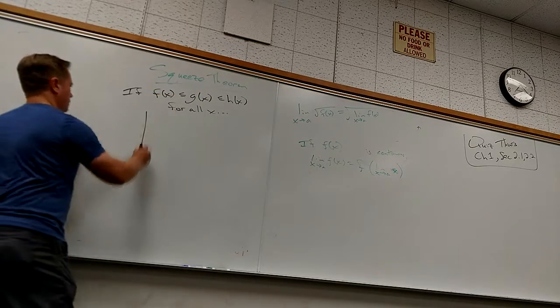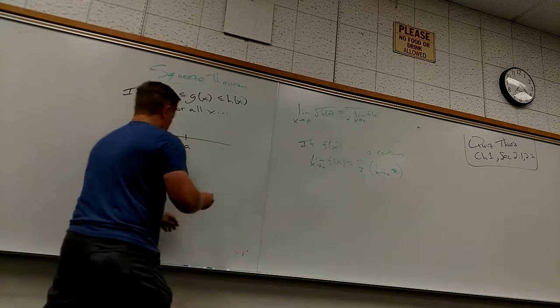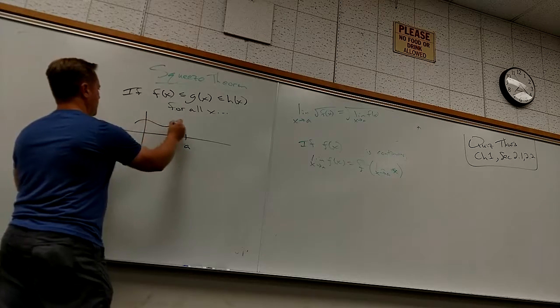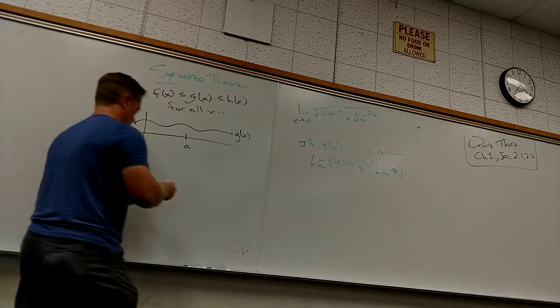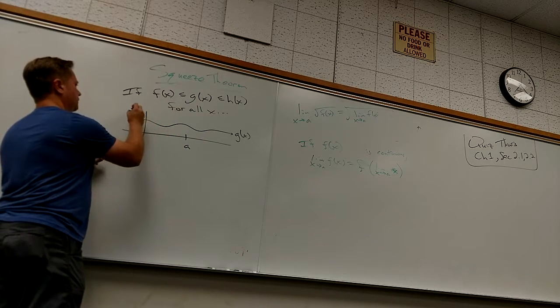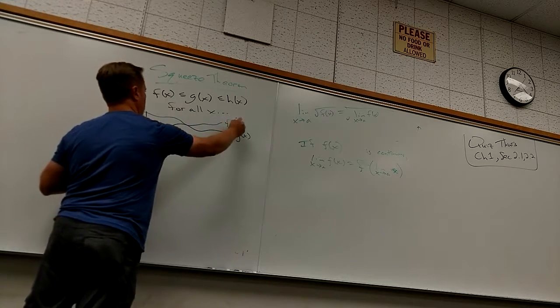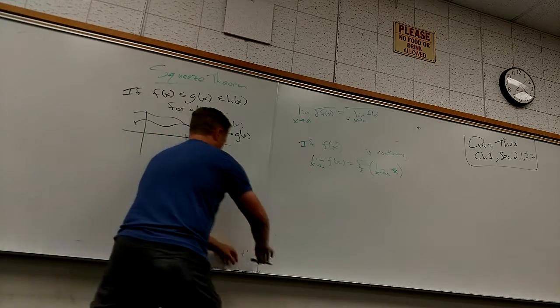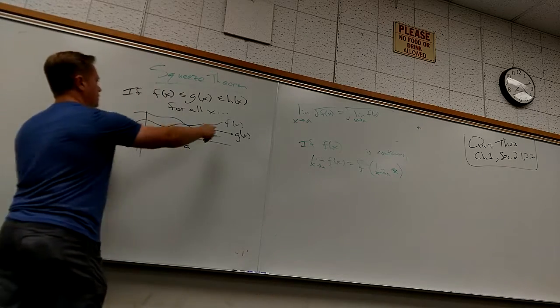So one example picture would be, here's g. Here's f. Let A be the place where they're equal to each other. And it's supposed to be less than, that's good.